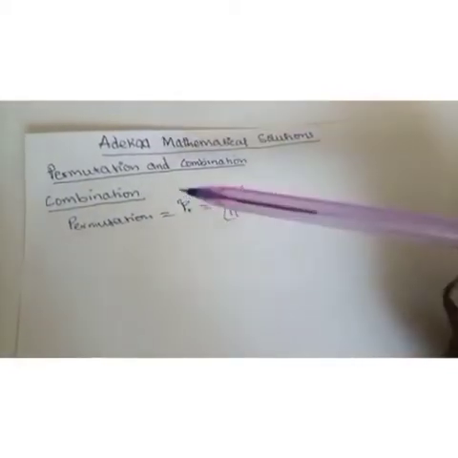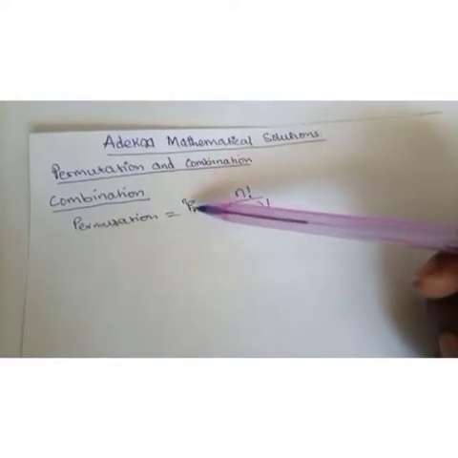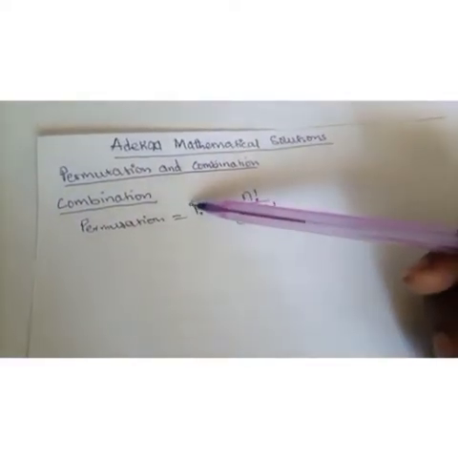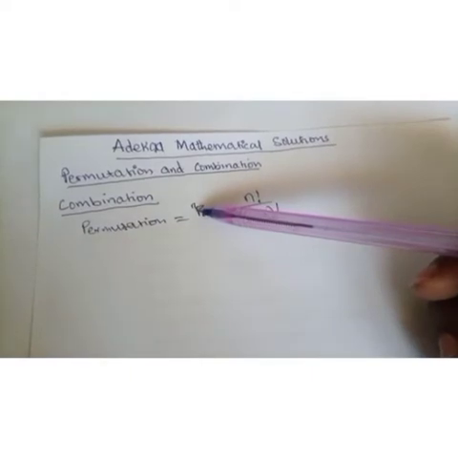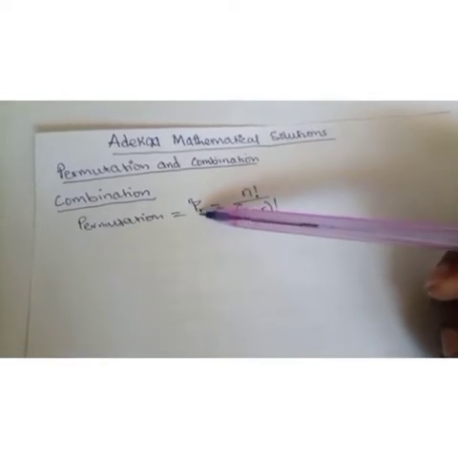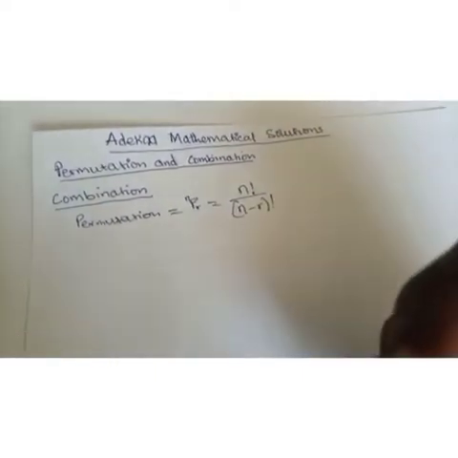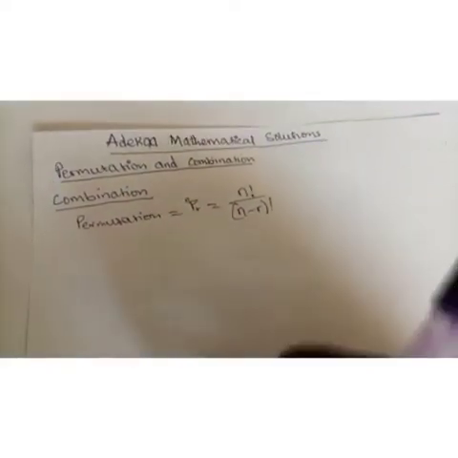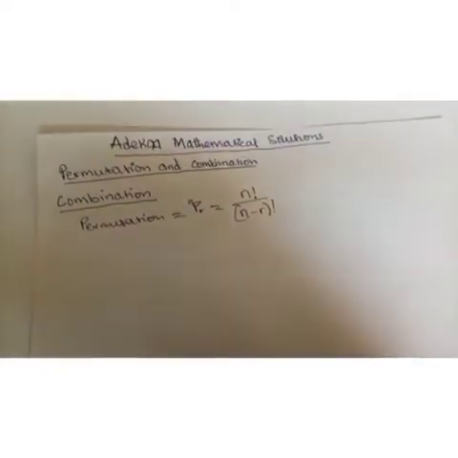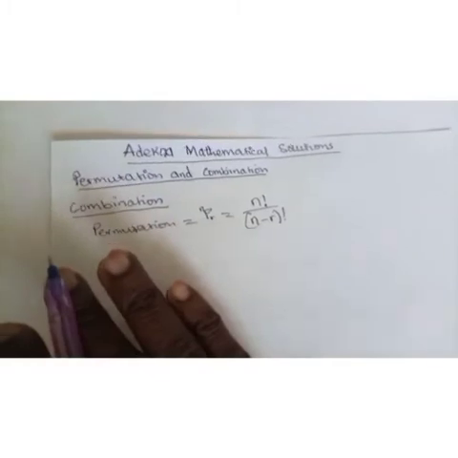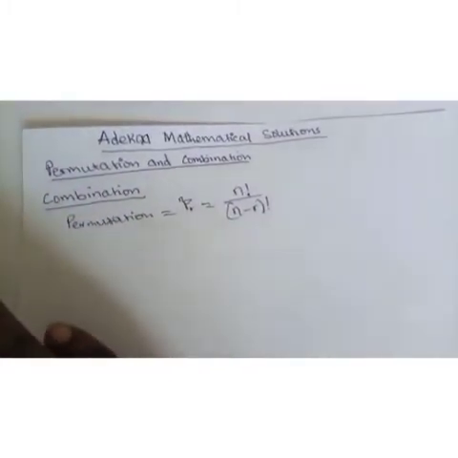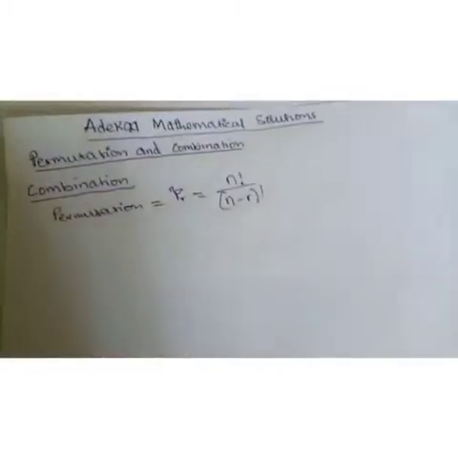So when we have n permutation r, that is the permutation of n objects taking r at a time. In this video, we'll be treating combination and the relationship between permutation and combination.